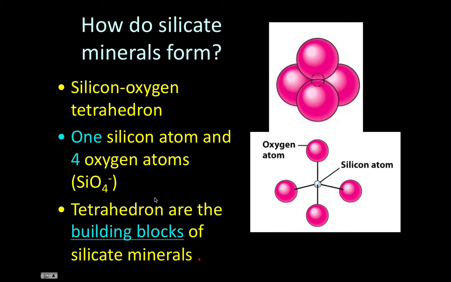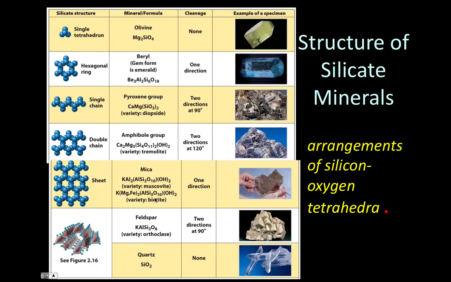I like to think of Legos. These kind of make the Legos, and you put them together in various ways, and you can construct all of the different silicate minerals. Please don't memorize these different structures, the names of the structures, but I'd just like to show you how these tetrahedra can connect together to make the silicates. A single tetrahedron makes the mineral olivine. A ring of tetrahedra can come together to make the mineral beryl, which is another word for emerald.